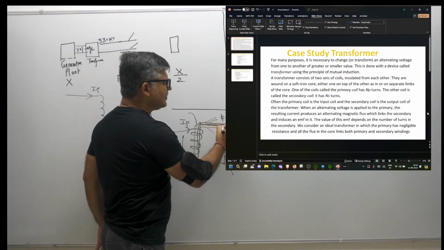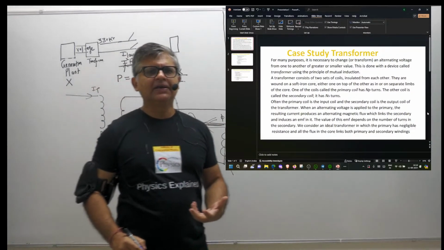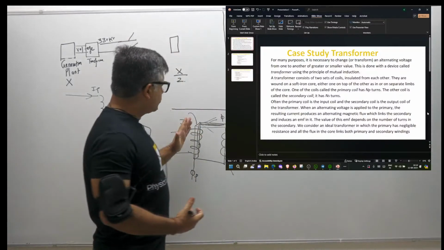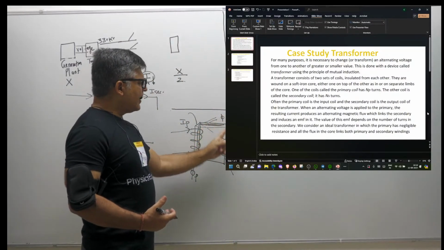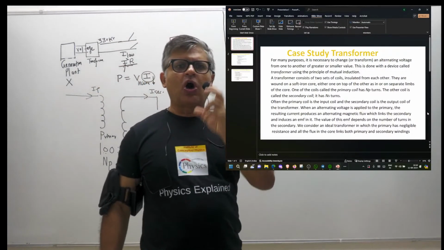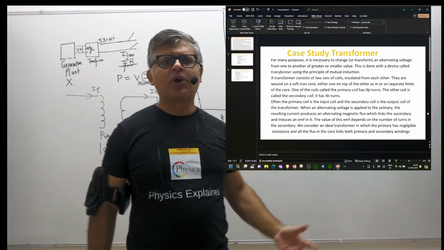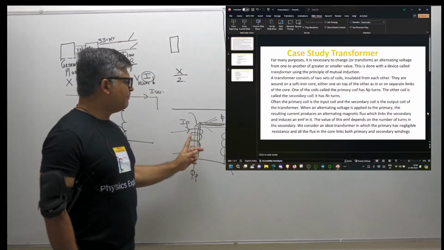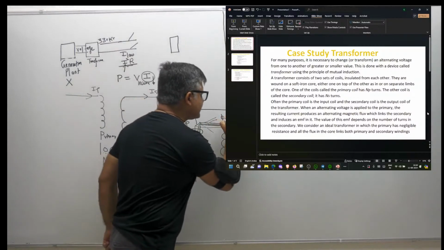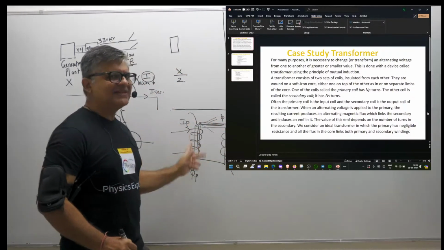But if you have iron, which has very high permeability, it allows the flux to easily go through the core and reach here. So I hope you understand that the use of soft iron is to have a high permeability medium between the two circuits which are linked to each other through the same flux. The flux is the same.